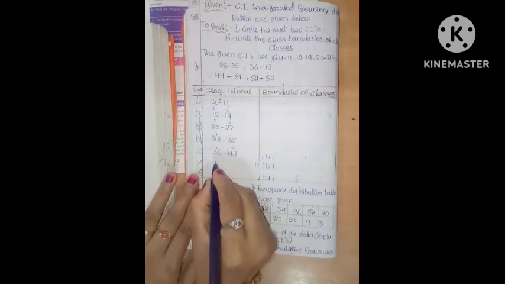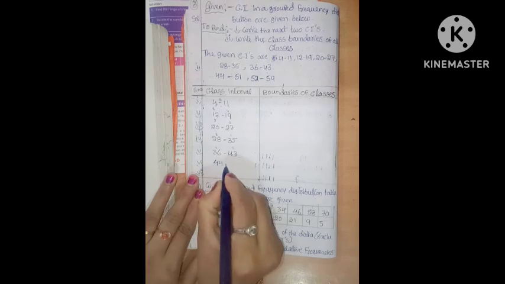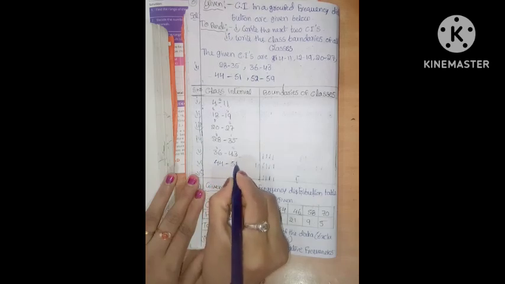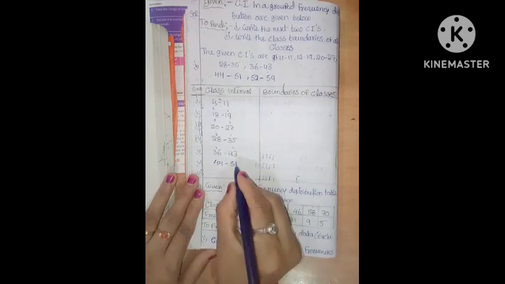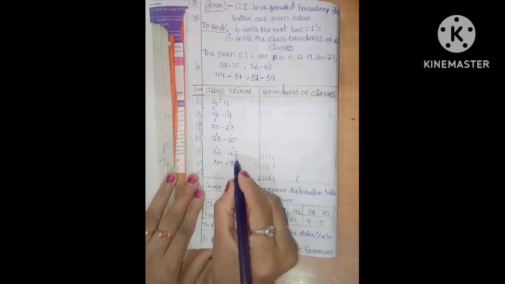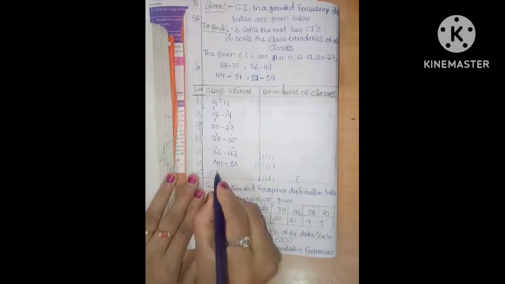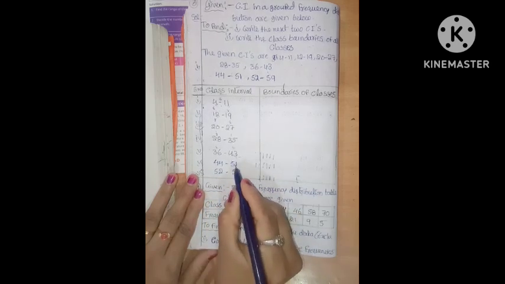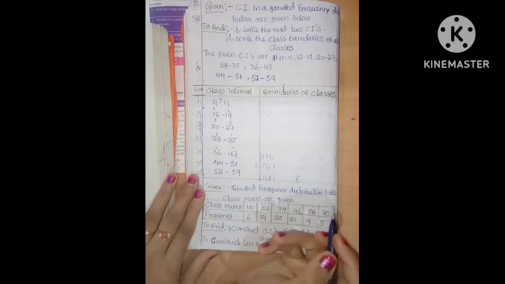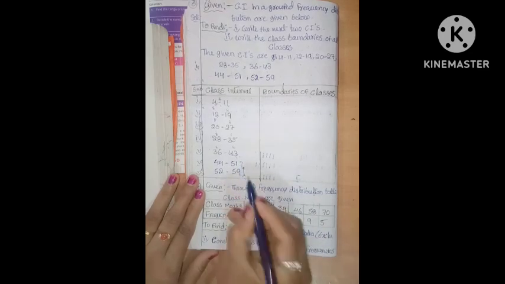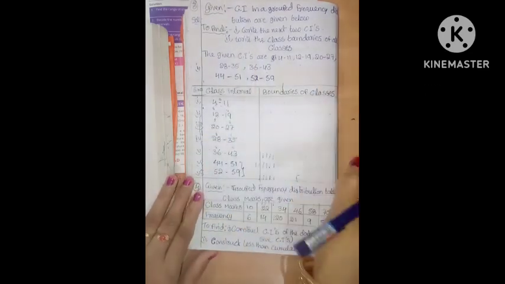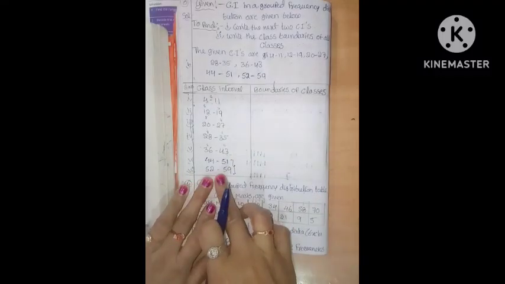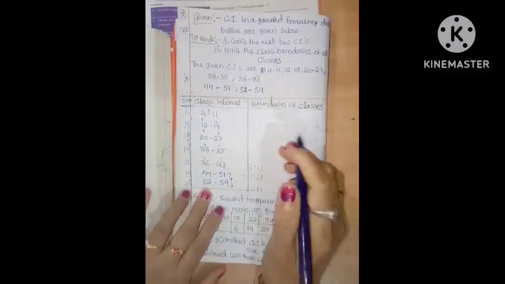It is also the same, Gagan Sai. 44 to 51, plus 8: 43 plus 8 is 51. Next 44 plus 8, 52. 52 to 59. 51 plus 8 is 59. These two classes are the first answer solution. Class intervals are over.